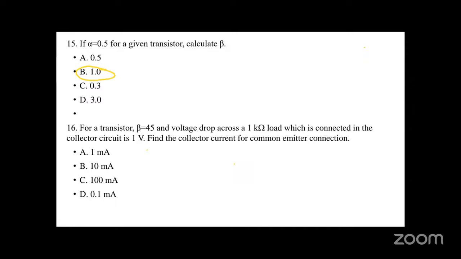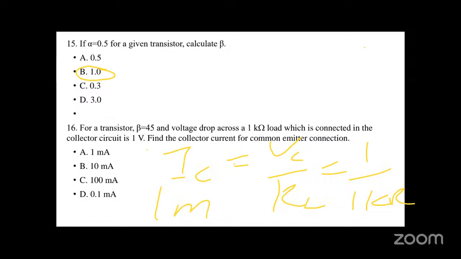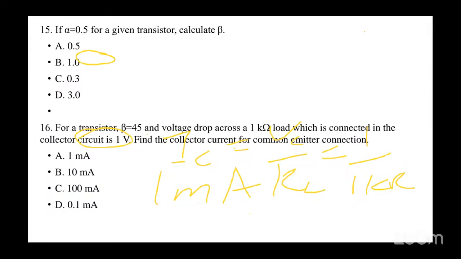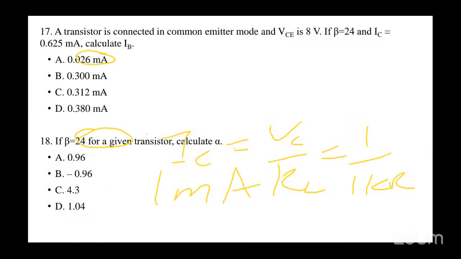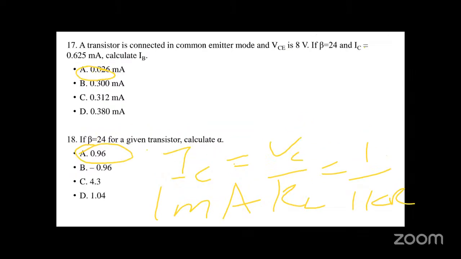We've done this before. We are asked to find IC. IC is VC over RL, which is 1 over 1 kilo ohm. So IC is equal to 1 milliamp. So the answer is A.